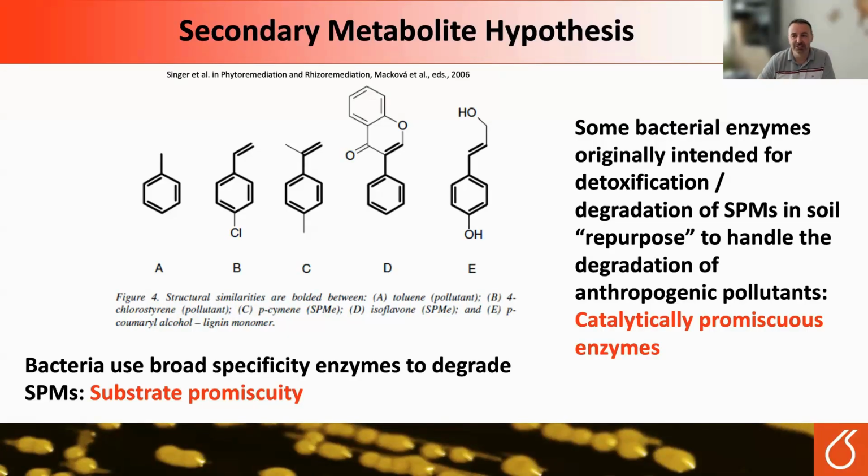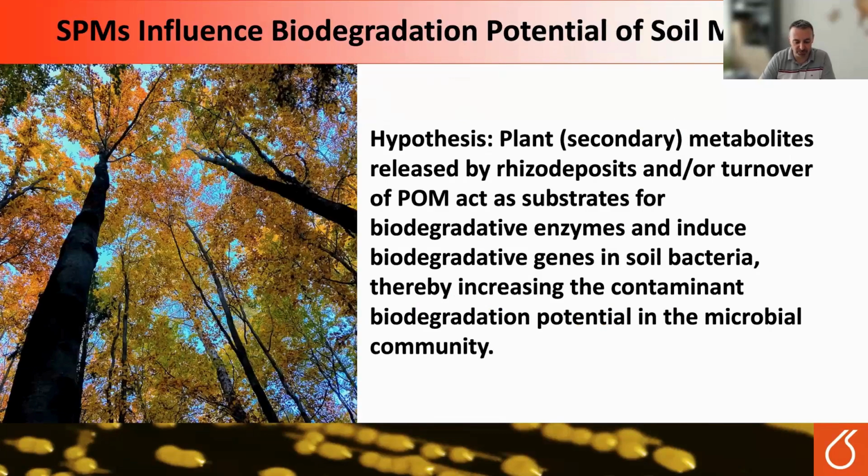Taking these two things into account, we work under the hypothesis that plant secondary metabolites released into the soil by rhizodeposits and by turnover of plant-derived organic matter can act as substrates for biodegradative enzymes, and they can also induce biodegradative genes in soil bacteria. Thereby, these compounds increase the overall contaminant biodegradation potential in the soil microbial community.